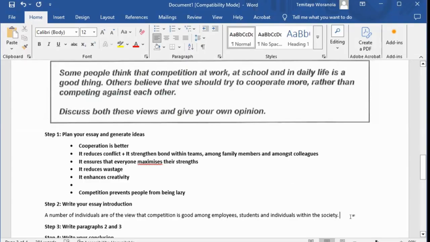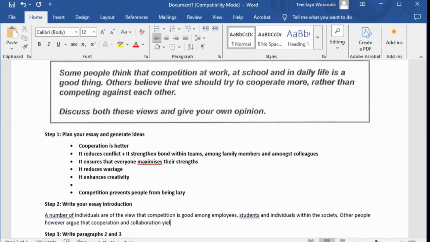All right. Other people, however, argue that cooperation and collaboration yield more impactful results, both at work and in other areas of life.